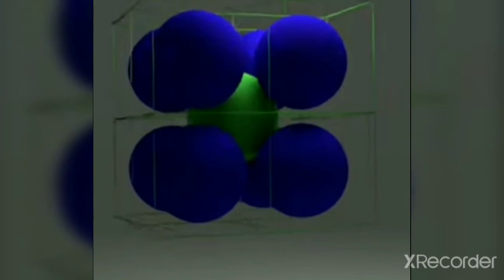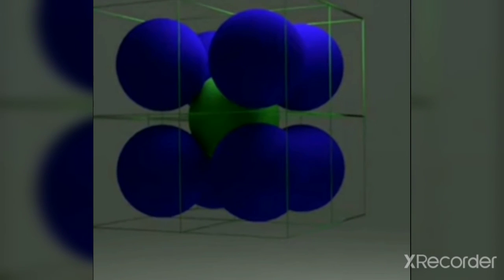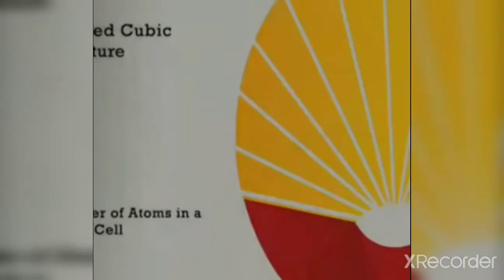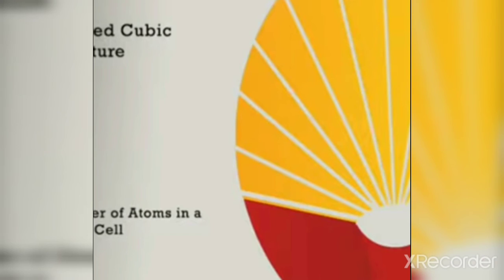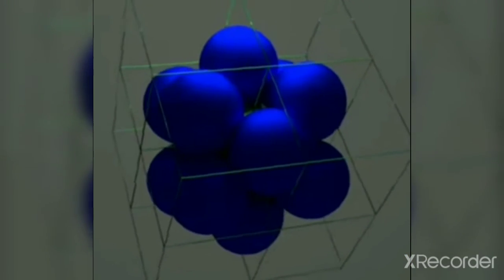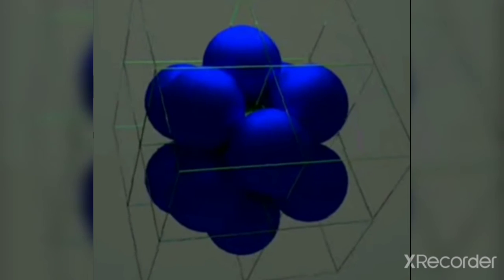Next, the calculation of the coordination number in the case of the FCC or face-centered cubic crystal. See, in FCC, the 8 atoms are present at the 8 corners of the cube and the 6 are present at the faces of the cube.